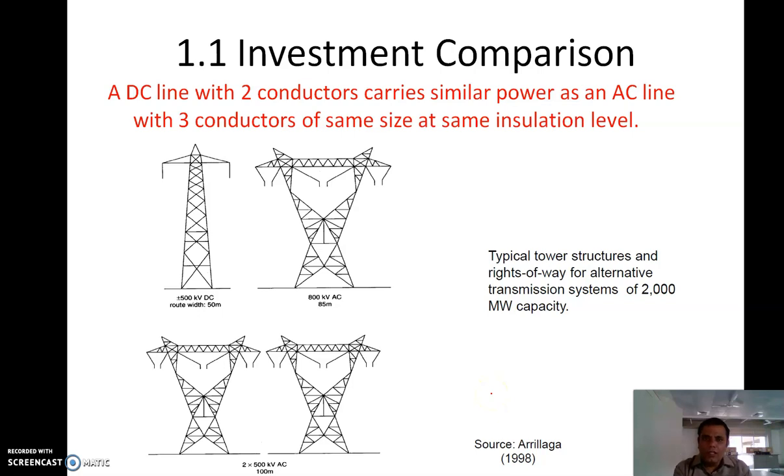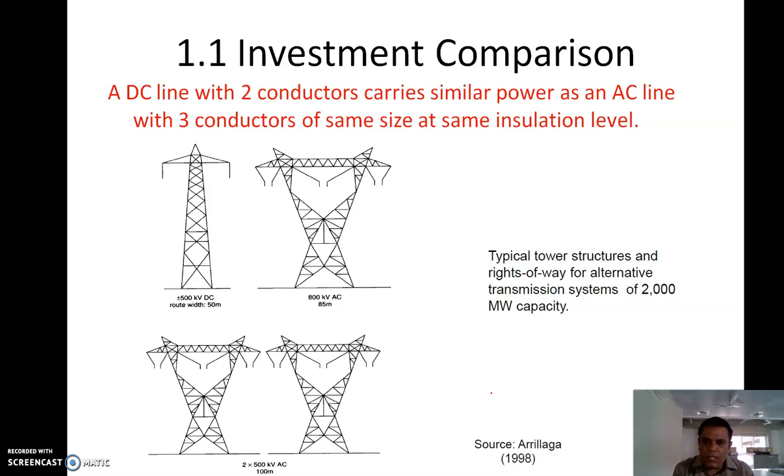So let's first see the investment comparison. So as you can see on the slide, a DC line with 2 conductors carries similar power as an AC line with 3 conductors of same size at same insulation level. Okay, so what do you mean by same insulation level?